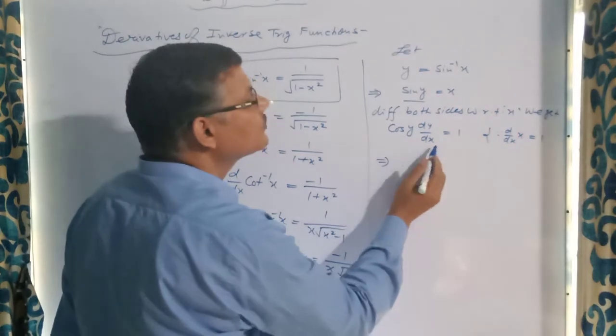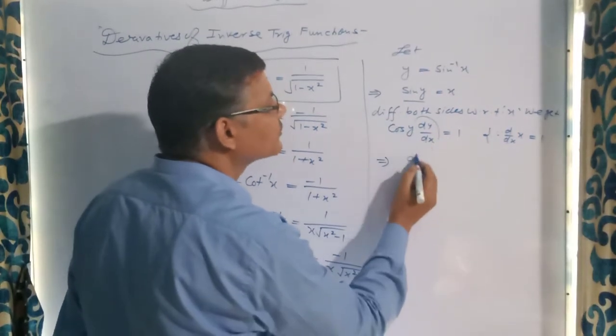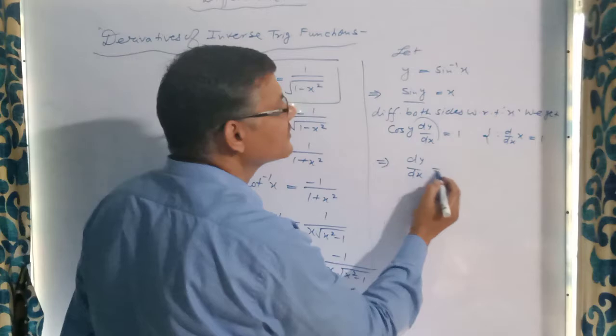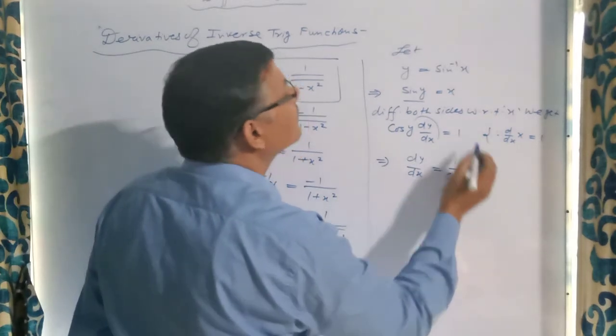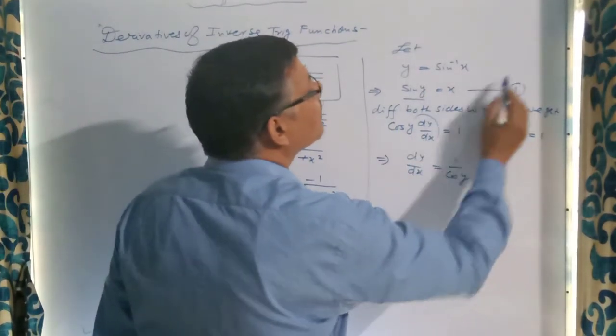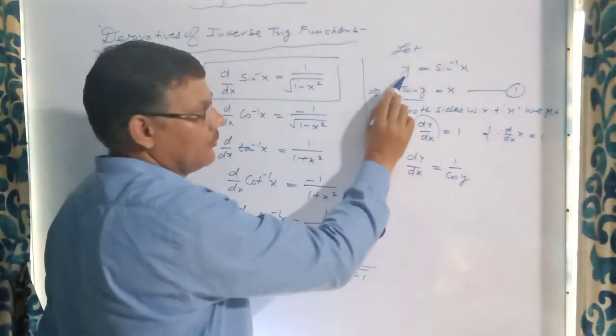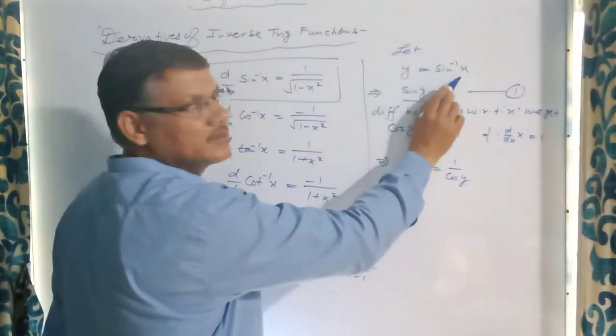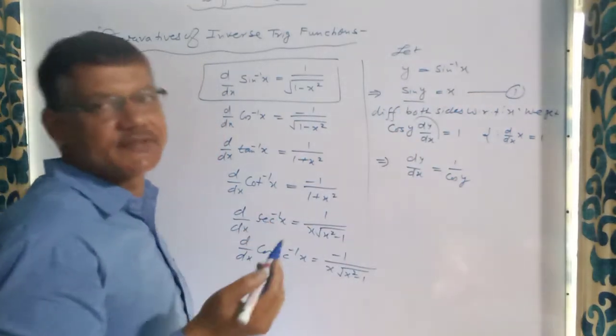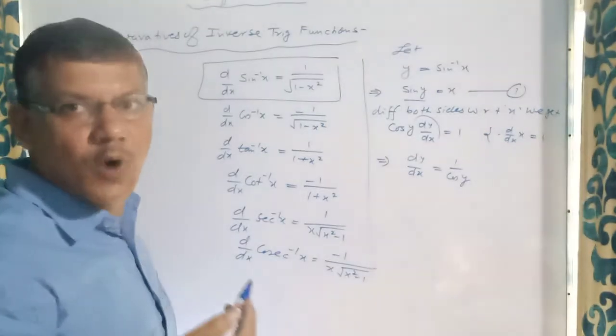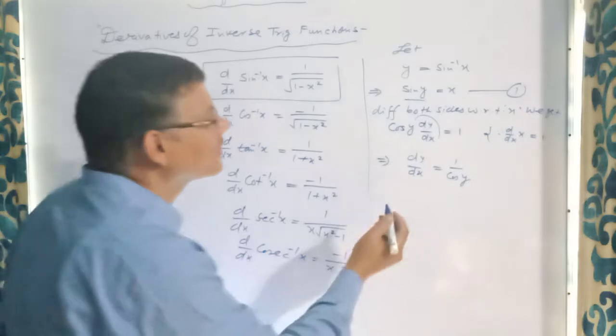But our interest is to find dy by dx. So we write dy by dx is equal to 1 by cos y. In equation number 1, we have x in terms of sine y, but the function is given in terms of x. The function is given in terms of x, and we took y ourselves, so we have to convert it.